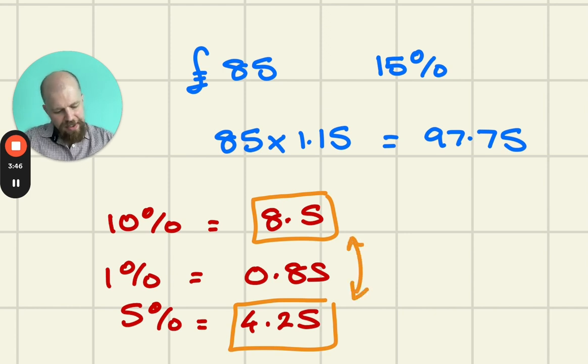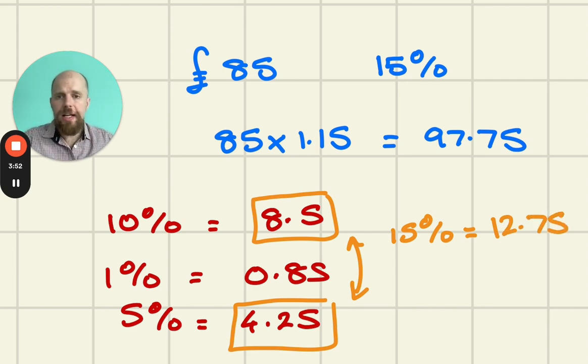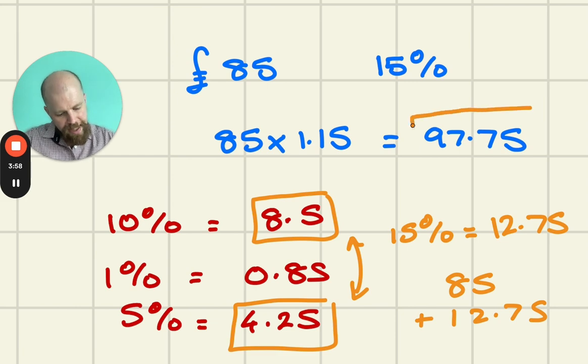If I add these two together, that would give me 15%, which would be 12.75. And just like before, I can do £85 plus 12.75, and that will give me the same answer, 97.75.